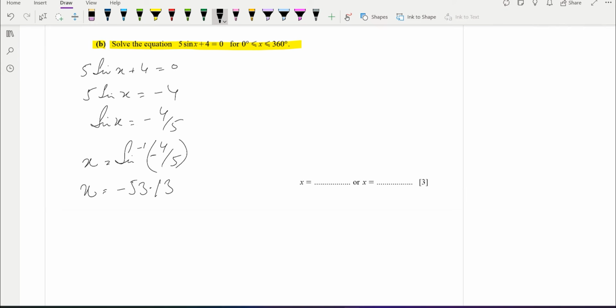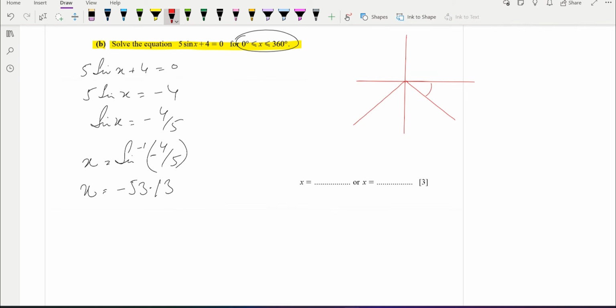And now to find the solutions within this range, we can draw coordinate axes or quadrants, and this will be the first quadrant. Sine is positive in this one and this one, and negative we need to take, so 53 will be on this side and on this side.